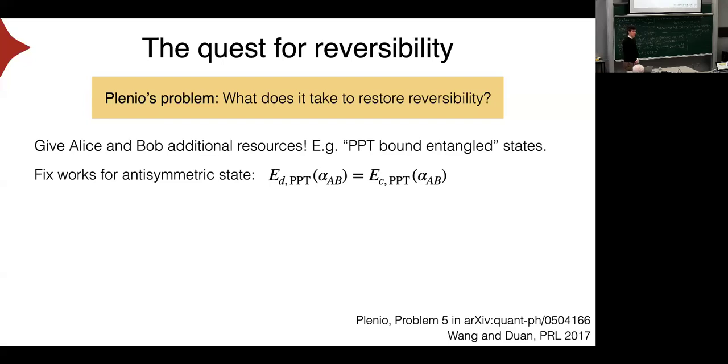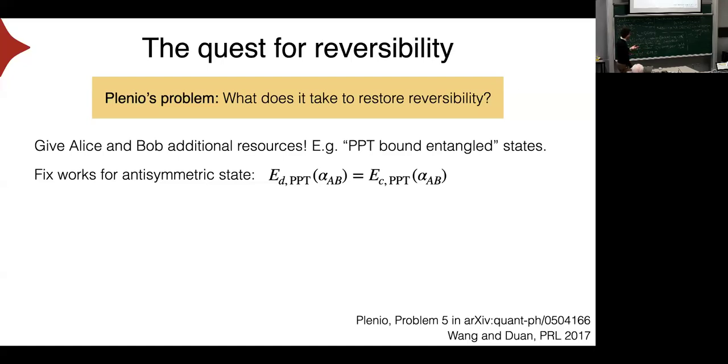Let's say, for example, you give them access to some PPT bound entangled states, some weak form of entanglement, for free. Sometimes this fix works. For example, for the antisymmetric state, it works. If you use this PPT assistance, you can get the distillable entanglement equal to the cost because you lower the cost.